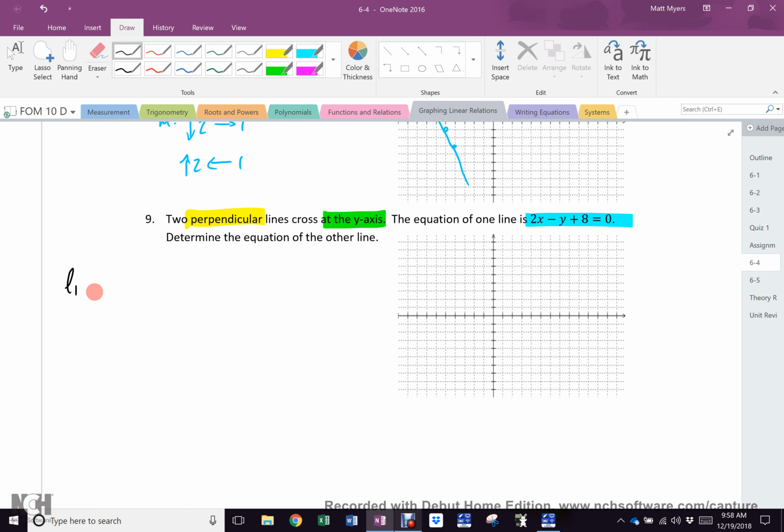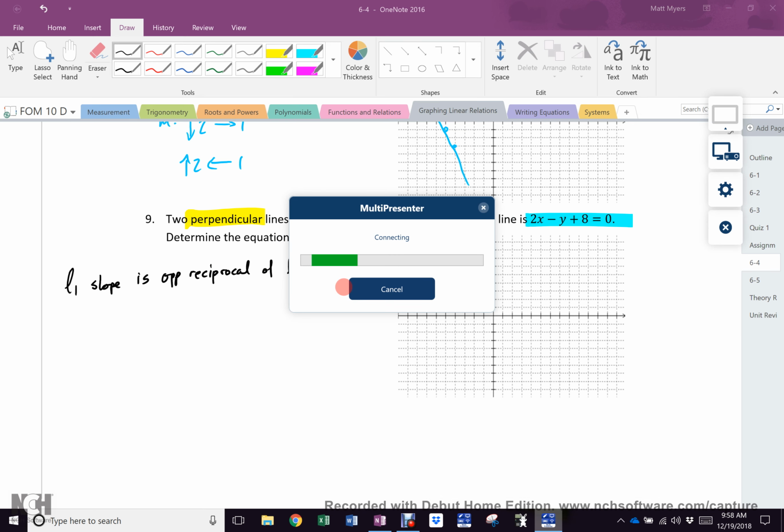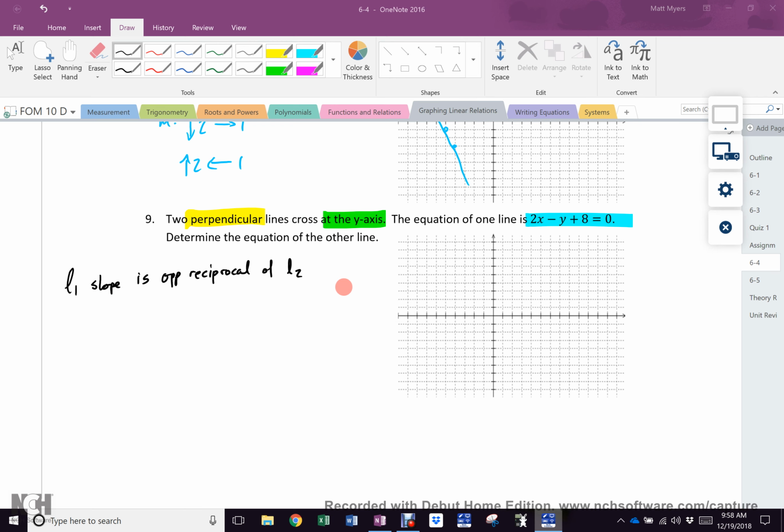Opposite and reciprocal. So line 1's slope is opposite reciprocal of line 2's. I know that the light went out. It's okay. So that's one thing we know. What's another thing we know?